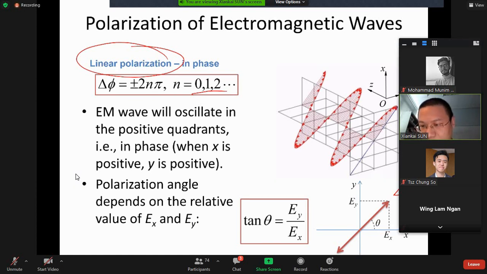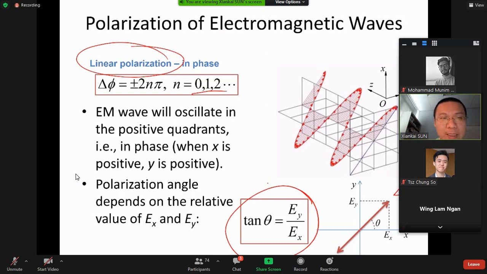This is Ey, this is Ex. So based on a trigonometric relationship, we can find out tangent theta is equal to Ey over Ex. All right, any questions? Quite clear, huh? All right, so this is the linear polarization for the in-phase situation.